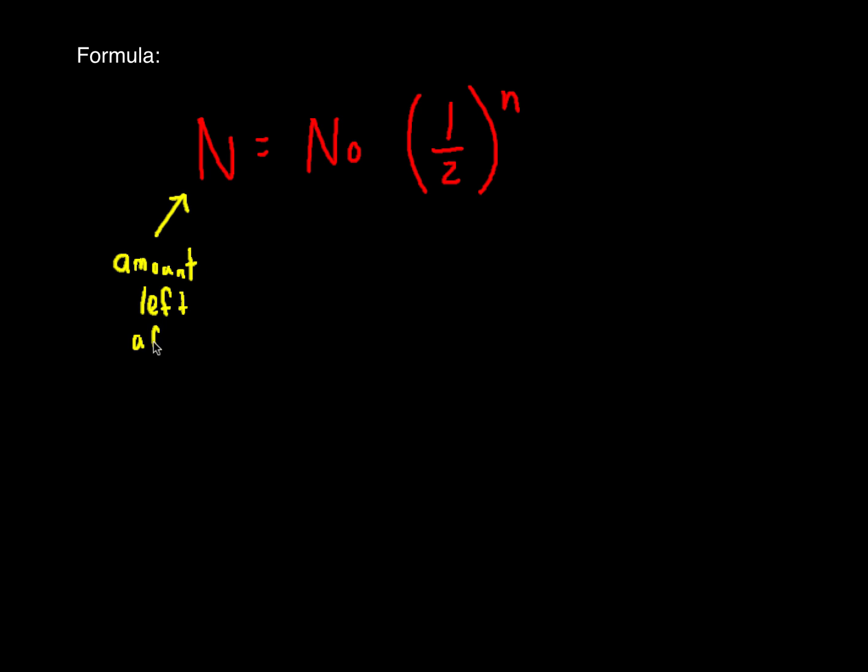If we know the half-life of a particular isotope, there's a formula that we can use to calculate how much of the sample is left after a particular amount of time. The formula is N equals N naught times 1/2 to the power of small n, where capital letter N represents the amount of the isotope that is left after time has passed.